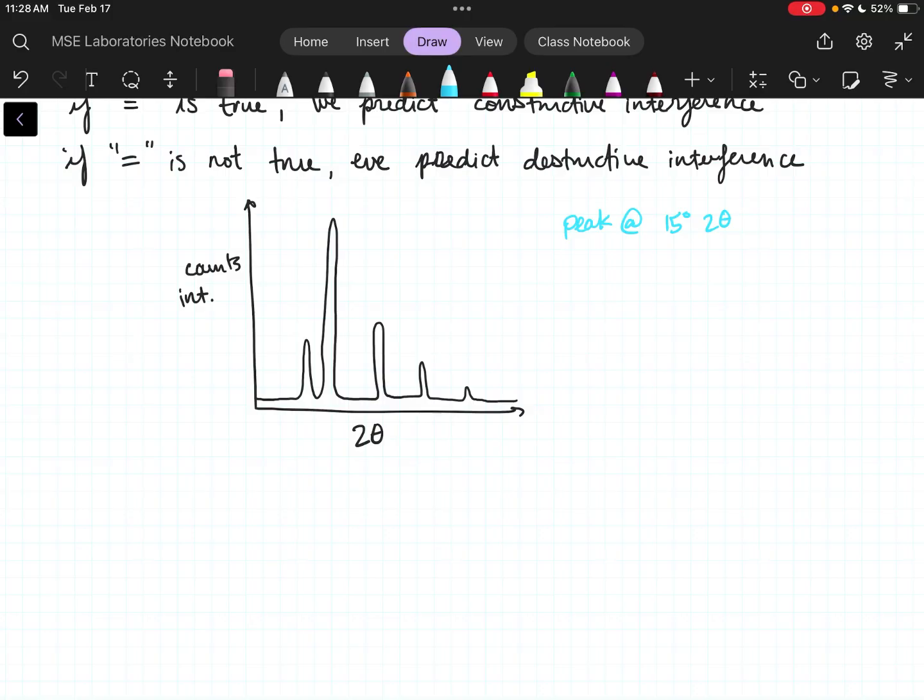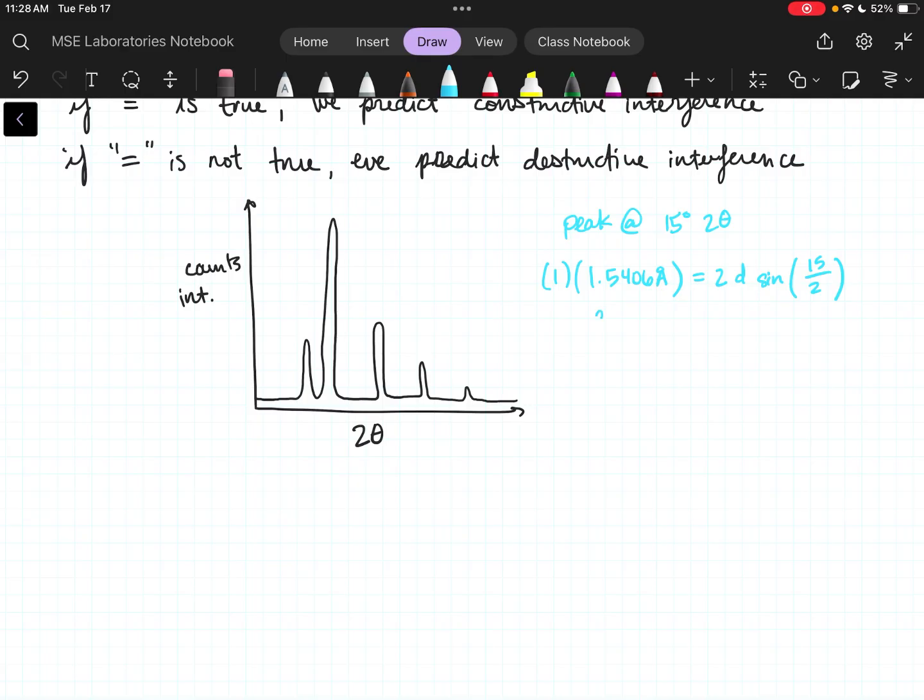Let's say I have a peak at 15 degrees 2 theta. So I get a jump there. I can use Bragg's law to predict that means I have some D spacing that was causing that constructive interference. And I can put that all together. So 1, that's N, times lambda, 1.5406 angstroms.